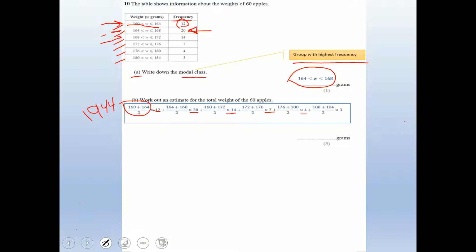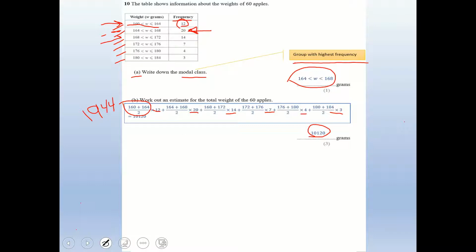Plus the last group, whose average weight is (180 plus 184) divided by 2, multiplied by the frequency, or number of apples, which is 3. This will give us the final answer of 10,120 grams. This is the estimated total weight of the 60 apples.